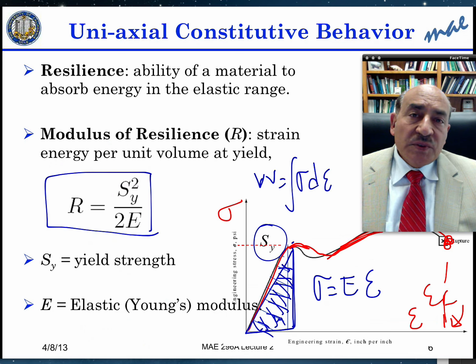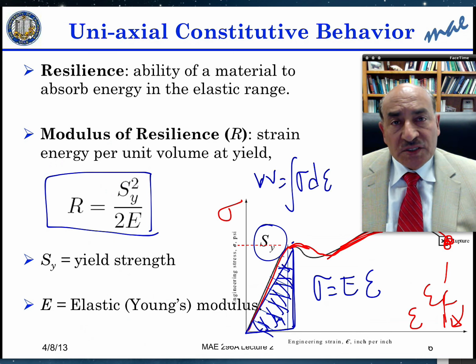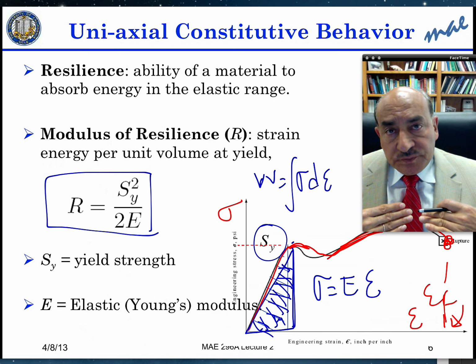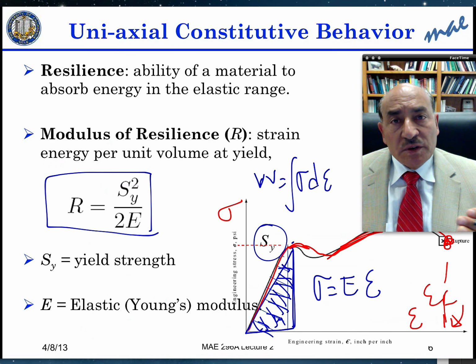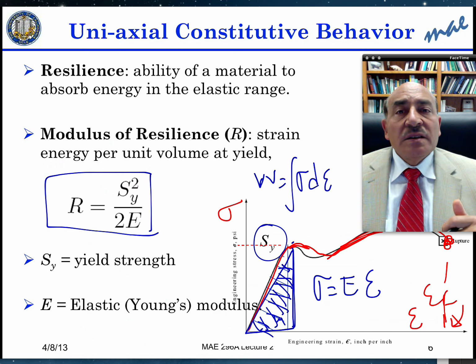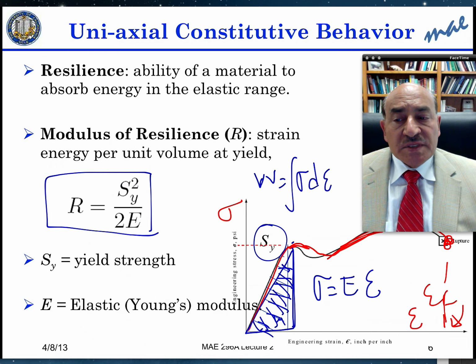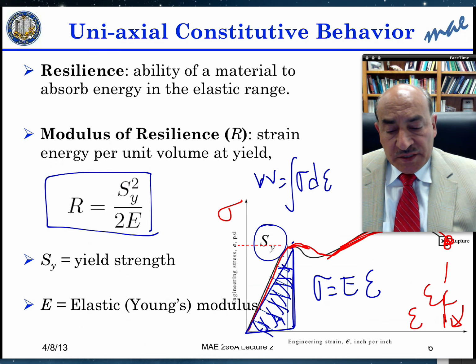The quantity we get is called the modulus of resilience, because it's an indication of how much energy can be absorbed per unit volume in the elastic range, and it is the yield strength squared divided by 2 times the elastic or Young's modulus.